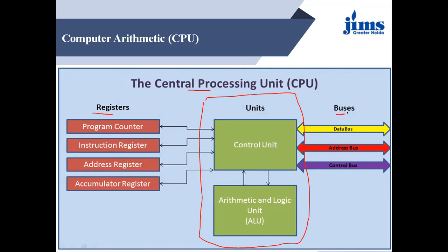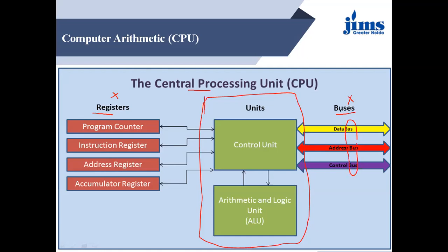Our main motto will not be on bus and register. We will discuss about this control unit. But before that, we will take the overview of buses as well as registers.